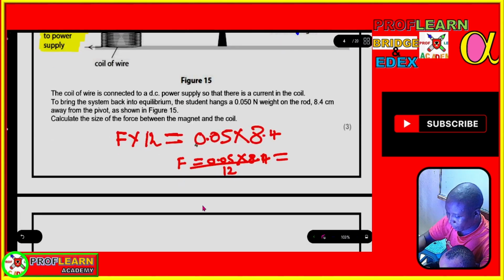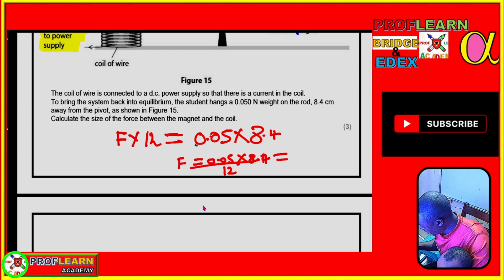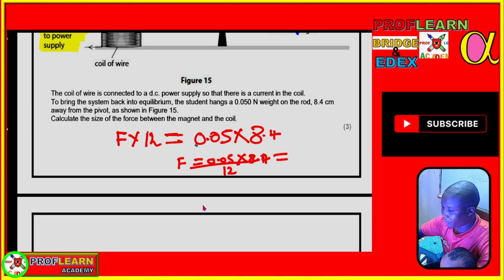So in that case, if we work it out, that is going to be 0.05 times 8.4 divided by 12, and if you work it out, you're going to get 0.035.